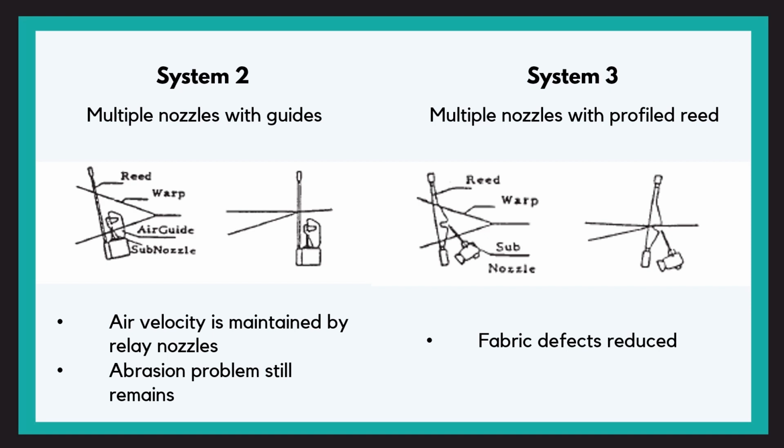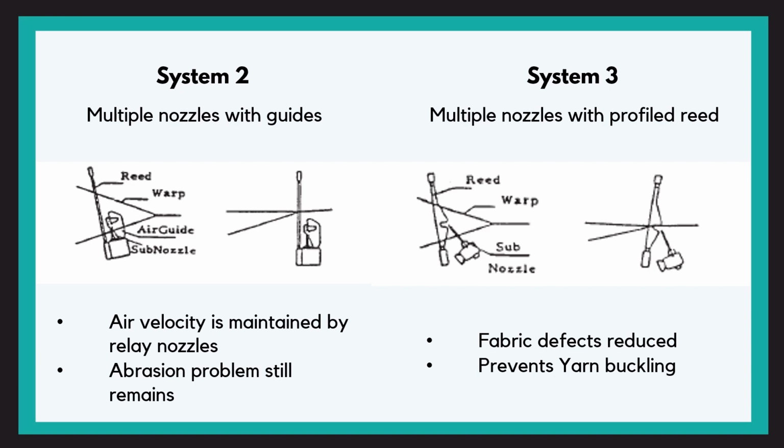So the relay nozzles maintain higher velocity and they also prevent buckling of yarn. So what is buckling of yarn? Now consider that only the main nozzle is present. The main nozzle will inject the air and that will push the yarn across the loom.